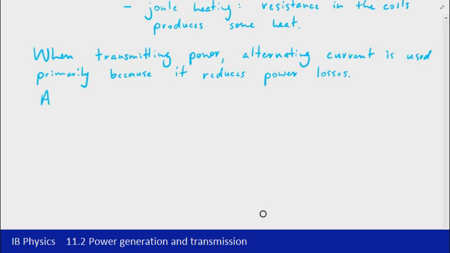But with AC, at low voltages, so both for AC and DC I suppose, current in the power lines or transmission wires is high. Power lines being the things that you'd see above the street, and transmission wires being those larger towers that you see in the countryside.